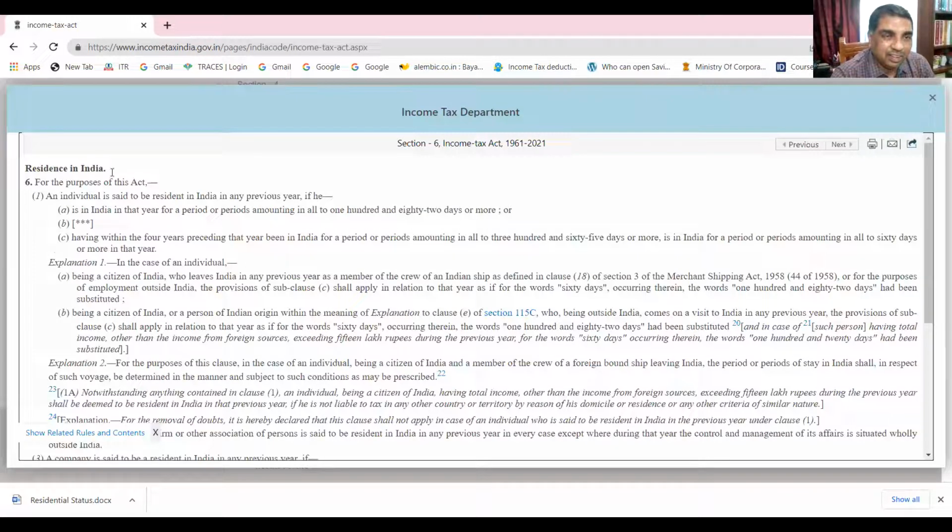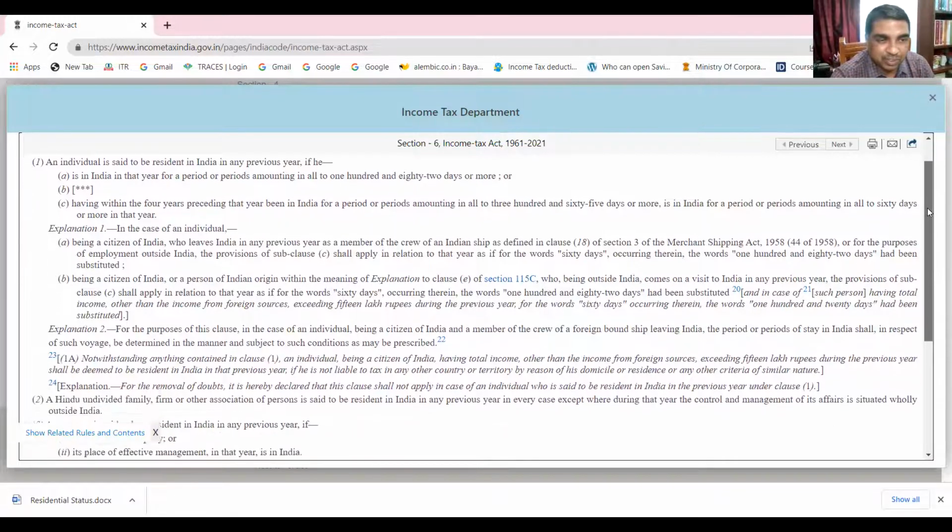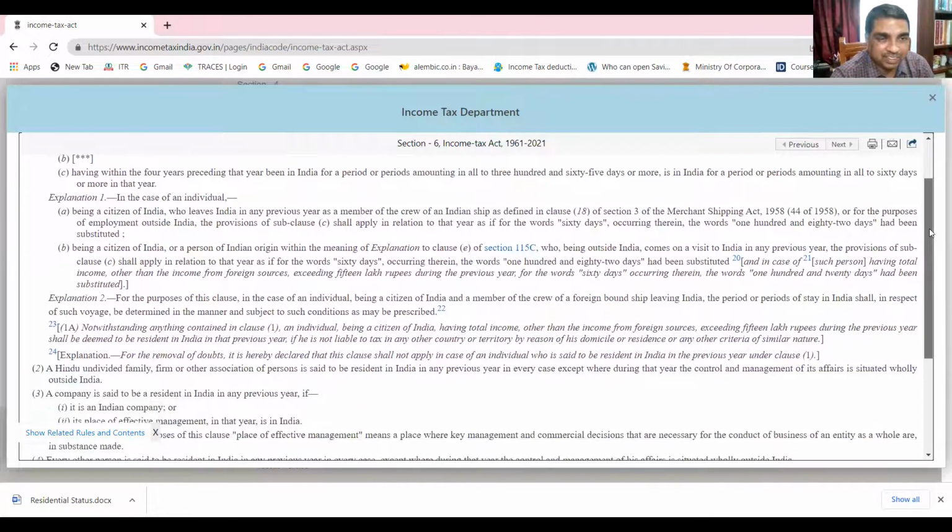You see the primary condition: an individual is said to be resident in India in any previous year if he is in India for a period or periods amounting to 182 days or more. Then you see the previous 4 years, these are the conditions, these are the exceptions. Are you seeing it here? Whatever has been taught to you is here.